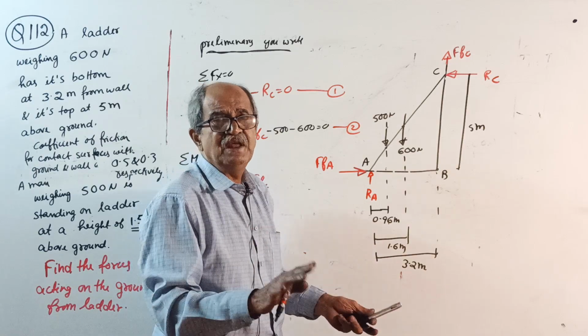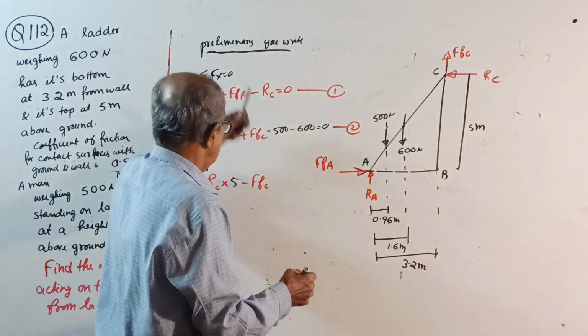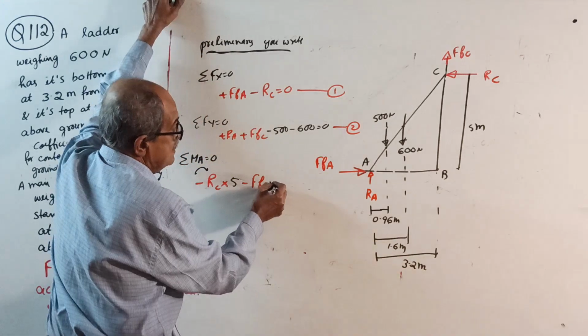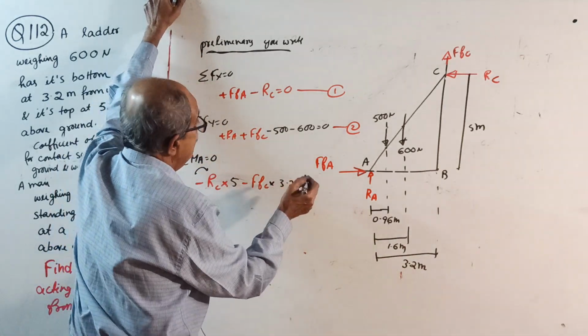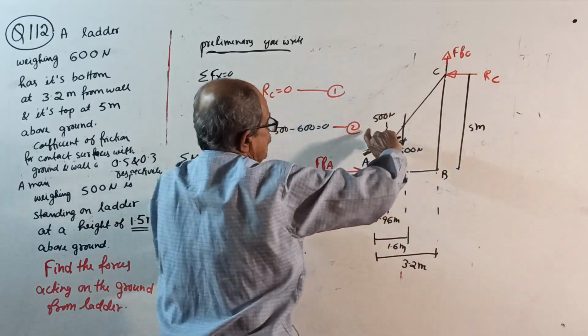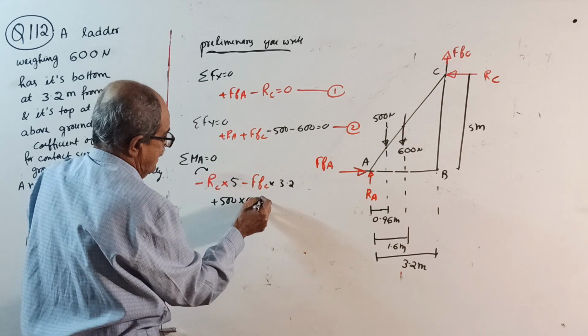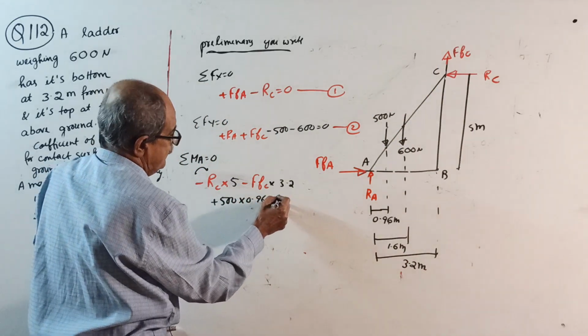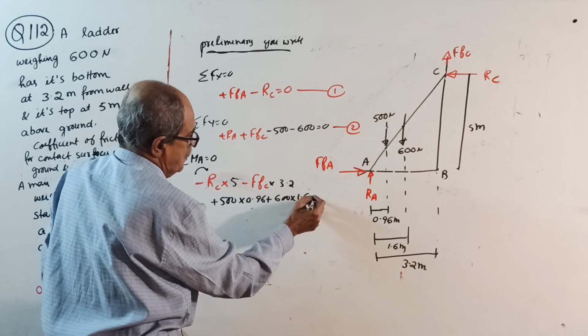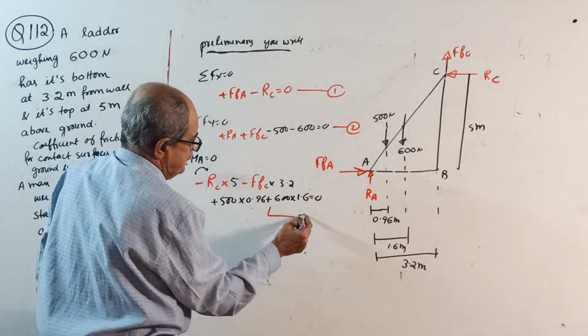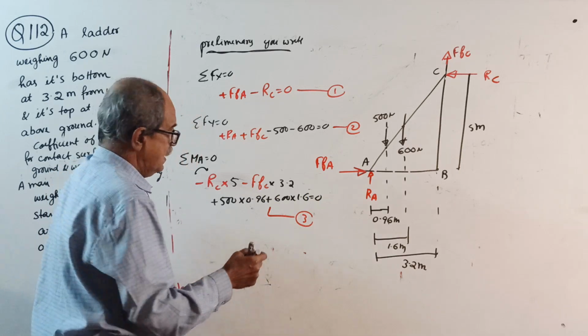It is not limiting friction. It is a stable condition. Plus 500 into 0.96 plus 600 into 1.6 equal to 0. Take it as equation number 3.